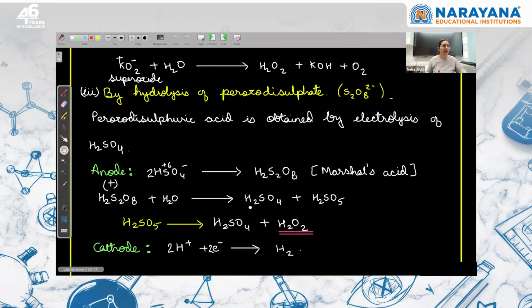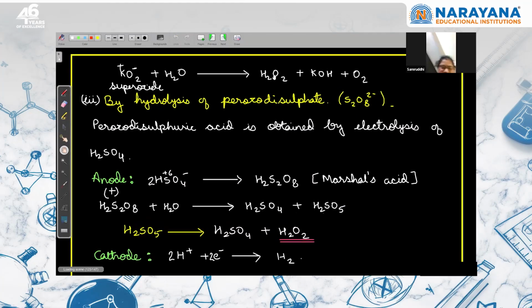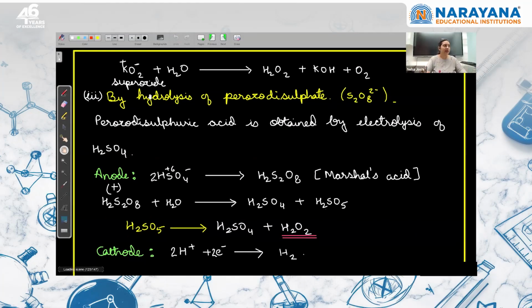Even superoxides, if hydrolyzed, will always generate peroxides, liberating oxygen gas. So if you take peroxides, you will get H2O2, and if you take superoxide, you will also get H2O2. Another method used frequently is hydrolysis of peroxodisulfate, salts like K2S2O8.